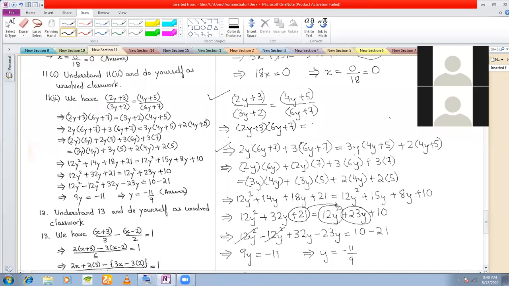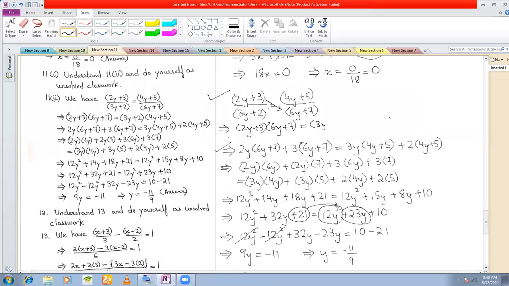This step. This is cross multiplication. You are multiplying these two equal to these two, 3y plus 2 into 4y plus 5. This is called cross multiplication. Cross multiplying.